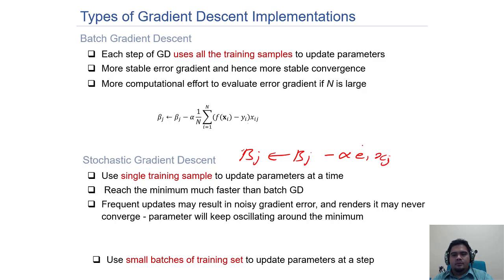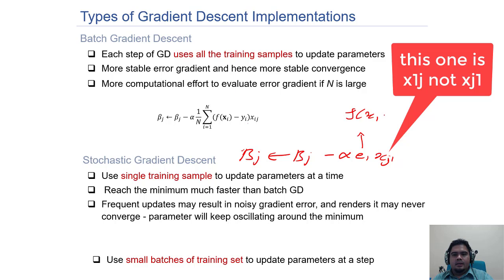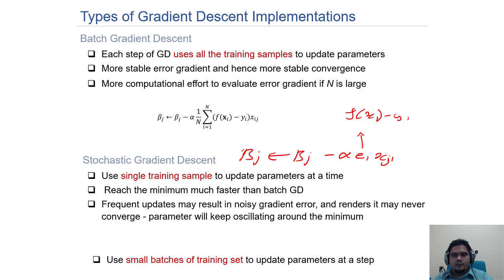So the definition is your f(x1), this one is g1, and this one should be your y1. So there's no summation symbols there.